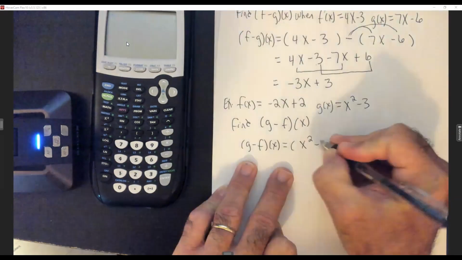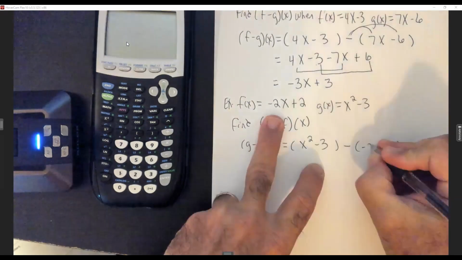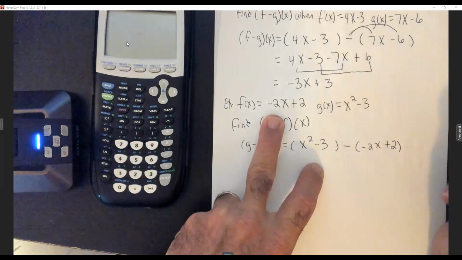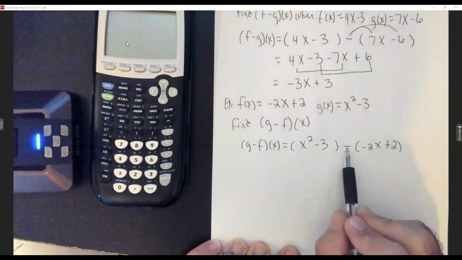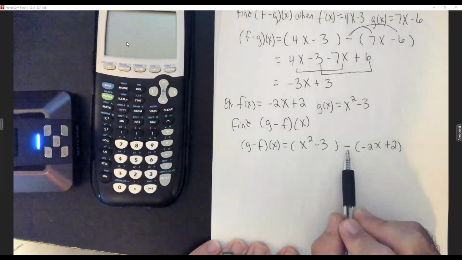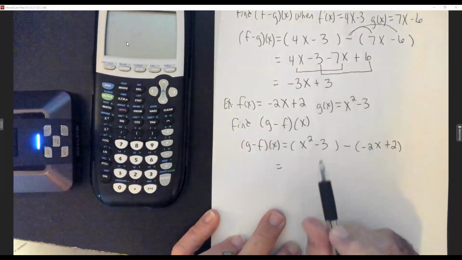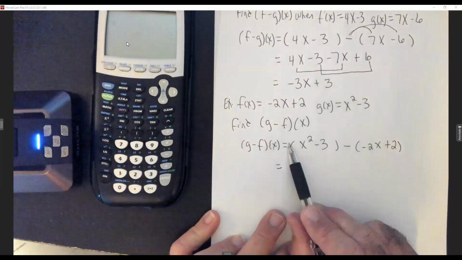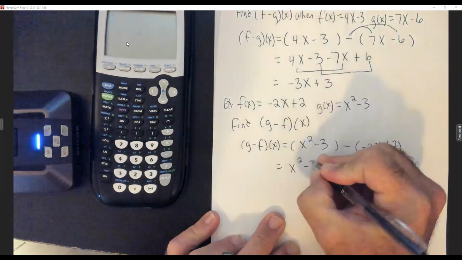And then over here for my F is a negative 2X plus 2. So they're really wanting y'all to learn about distributing these negatives. That's why they're giving us so many of these with subtraction. So the first parenthesis, since there's nothing in front of it, we drop the parentheses, and I get an X squared minus 3.